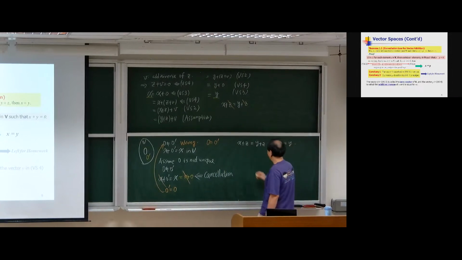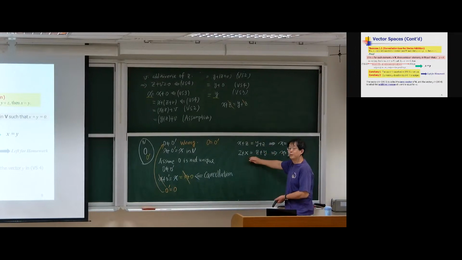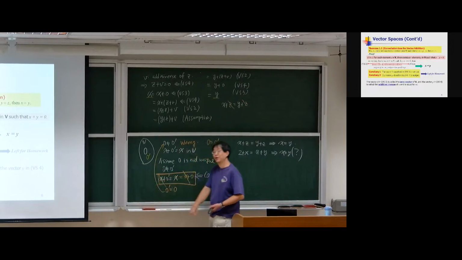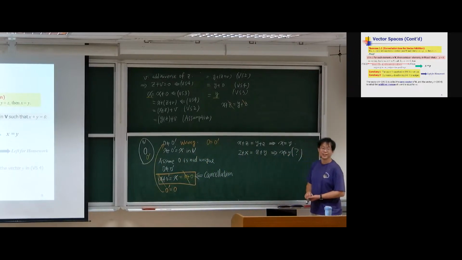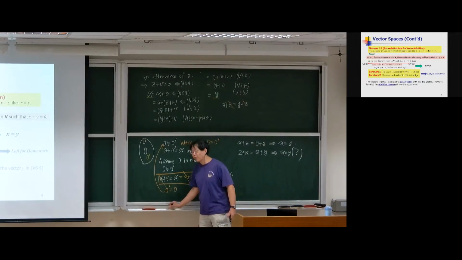But do we say z plus x equals z plus y, x equals y? No. In cancellation law, we haven't proved it yet. So here, can we apply cancellation law? No. We have to take one more step.